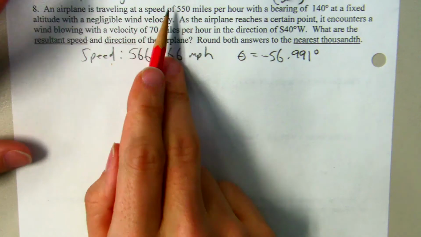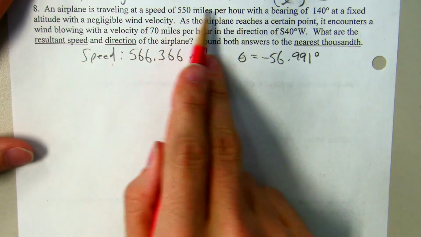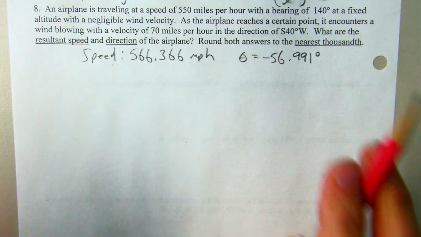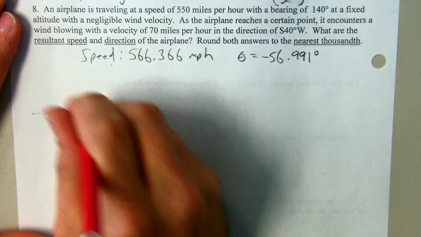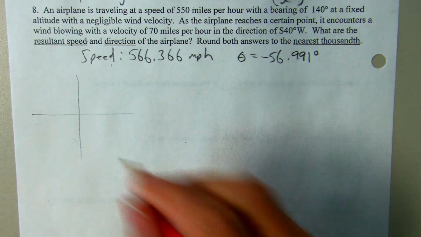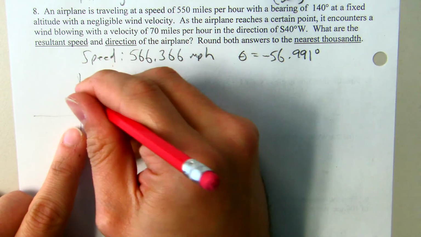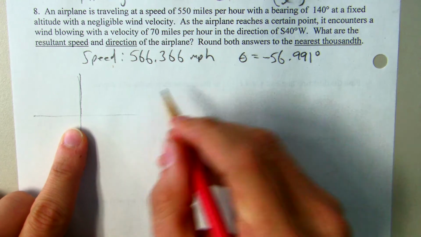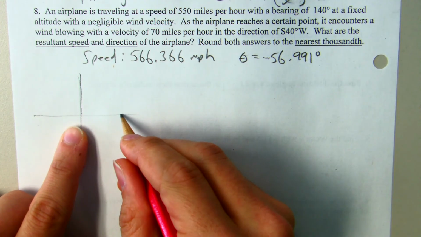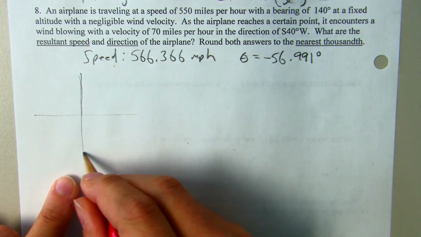All right, bearing 1, 550 miles per hour at a bearing of 140. So, bearing, if I'm not given specific directions, I'm going to assume that's from the north line clockwise. So from here to here, this would be a bearing of 90. This would be a bearing of 180.